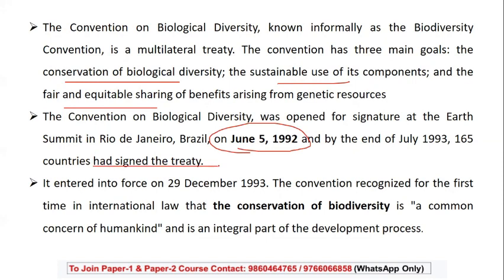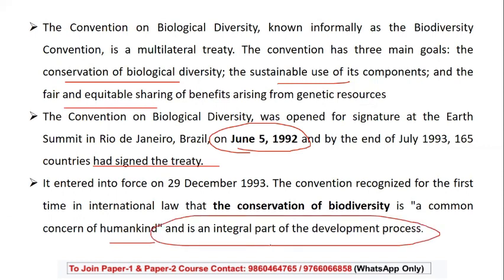It came into force on 29th of December 1993, and it was the first time in international law that the conservation of biodiversity was recognized as a common concern of humankind and an important part of the development process.